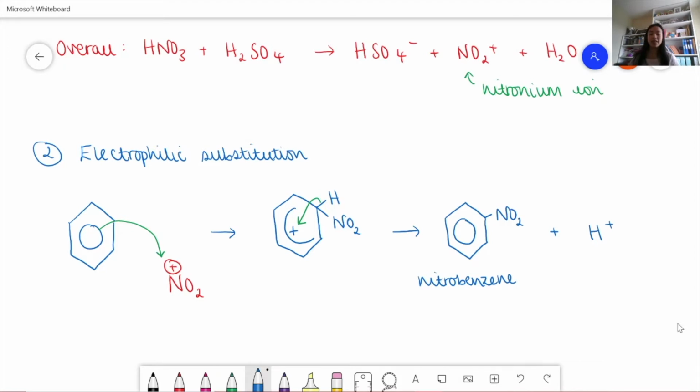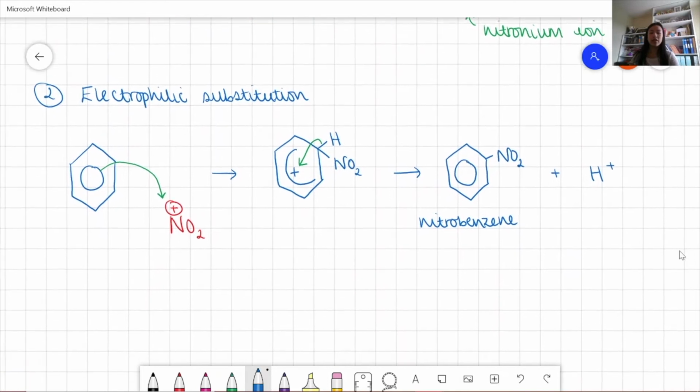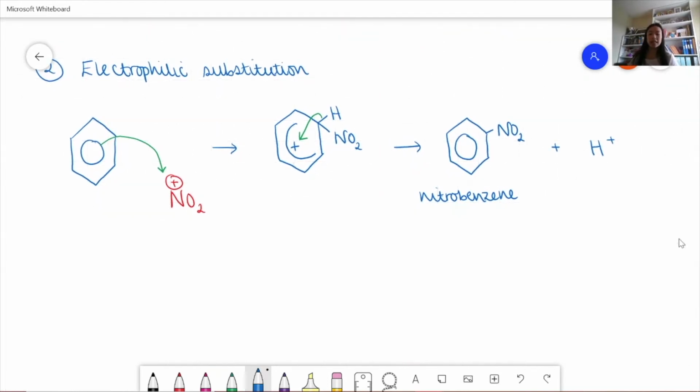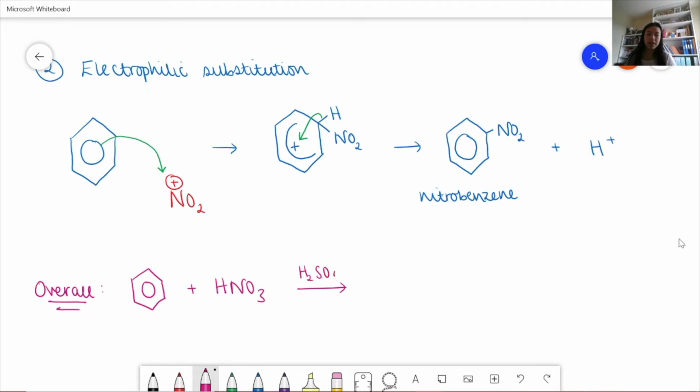So overall, as a balanced equation, including the production of the electrophile and this substitution, what we get is that we have a benzene added with some nitric acid, and we're going to use a sulfuric acid catalyst, concentrated, and the nitric acid is also concentrated, and we also use a temperature of 55 degrees Celsius to prevent further substitution.